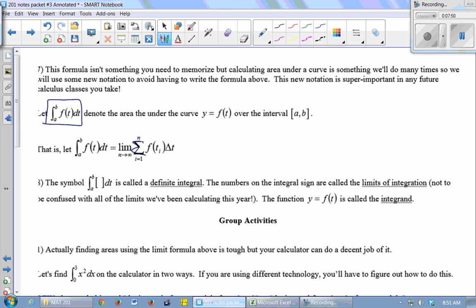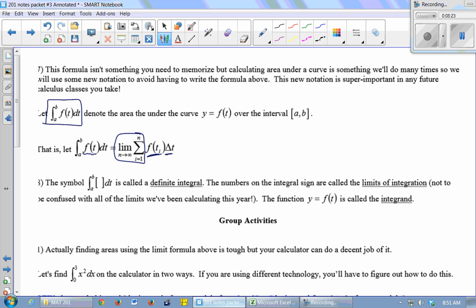Okay. So then, the elongated s kind of encompasses all of this notation, right? It means a smoothed out sum with the limit. And when you're taking the Riemann sum, you do the height of the rectangle times the width of the rectangle, f of t i times delta t. But when you take the limit, we just call this f of t, and delta t we call dt.